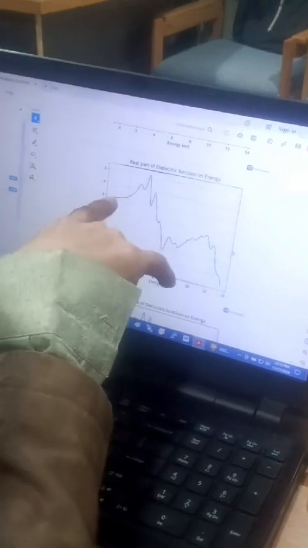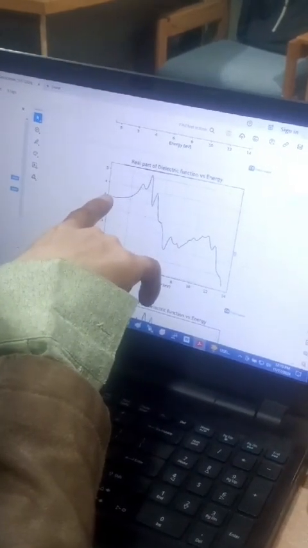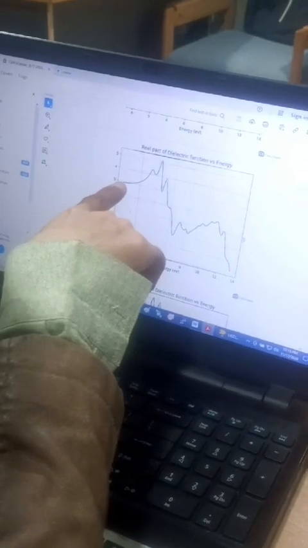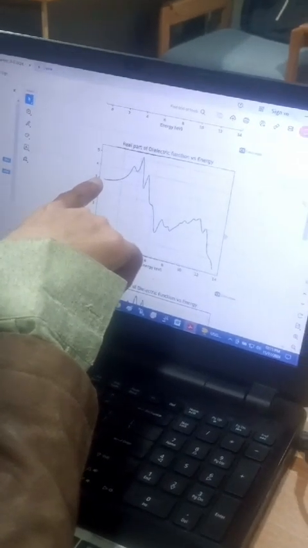Initially, when you did not expose your material to light, it possesses suppose 3 arbitrary units. Where you do not know the units, you can say arbitrary units. So at zero your material possesses energy of about 3 arbitrary units.